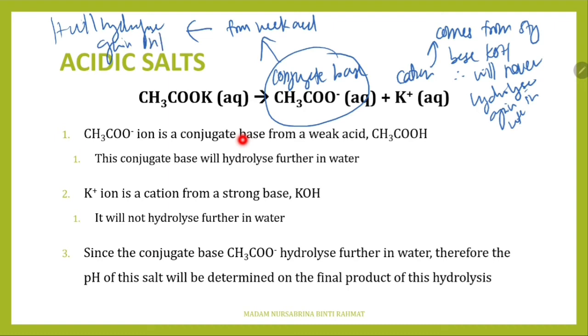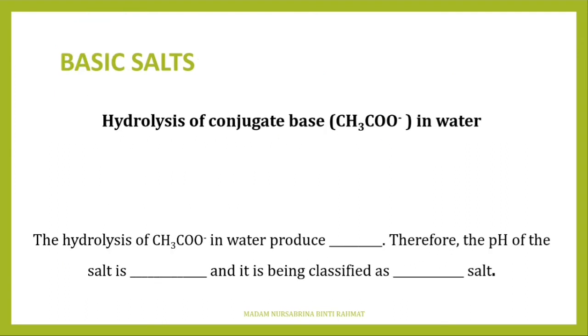So the pH of your salt here will be determined from the hydrolysis of your conjugate base. Pardon me, this one shouldn't be acidic, but instead it's a basic salt. Alright, so again, let's rewrite the hydrolysis of your salt in water.